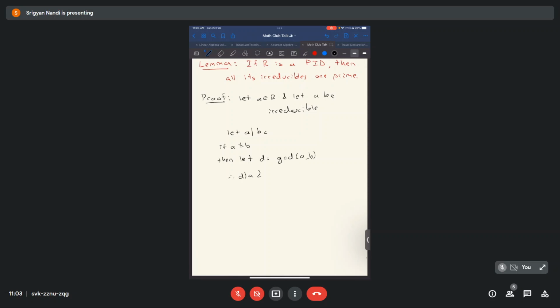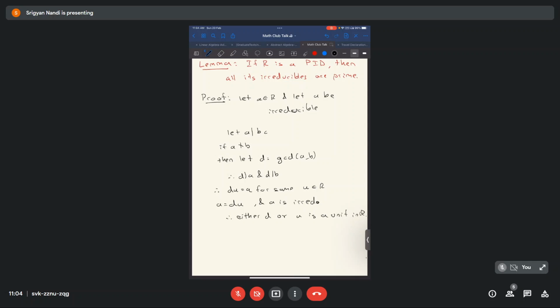Therefore, d divides a and d divides b. So we have du equal to a for some u belonging to R. And since a is irreducible, either d or u is a unit in R.